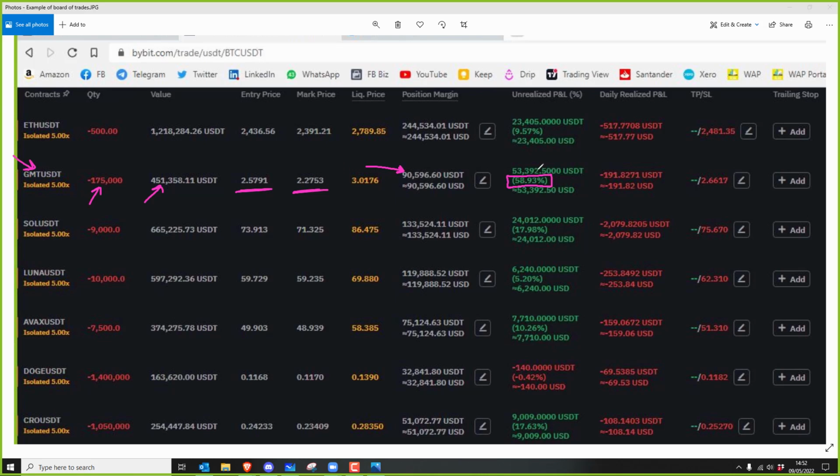So what this means is that the profit here, the 53k, is the profit based on the position margin. That's all it is. So in other words, this percentage thing is pretty much rubbish to us in many cases. You really don't need to look at it, but all it's saying is that you've stumped up 90 grand to facilitate this trade, and right now you're 53k up, so you're 58% up, so to speak.